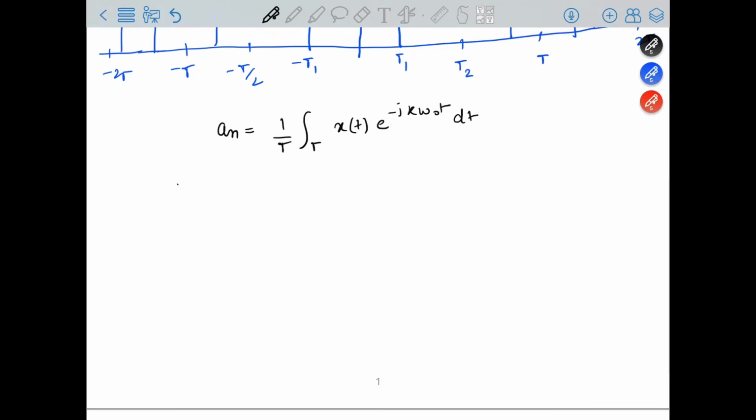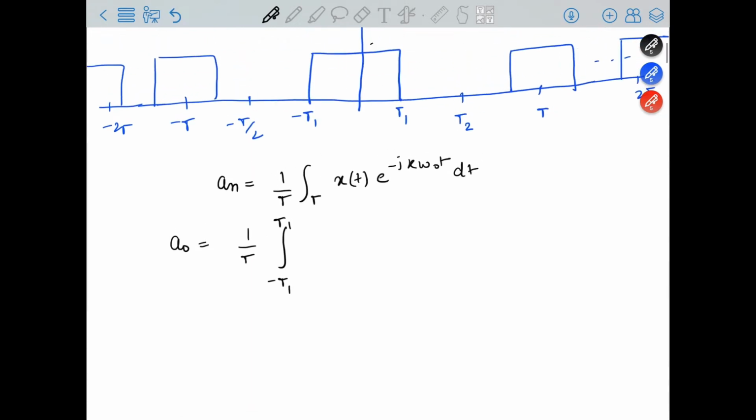It will be 1 by T, putting the value of k as 0. We integrate from minus T1 to T1, because it has a value of 1 only for the interval minus T1 to T1, of dt, and we get 2 T1 by T.